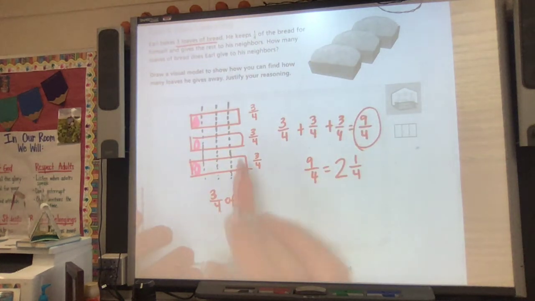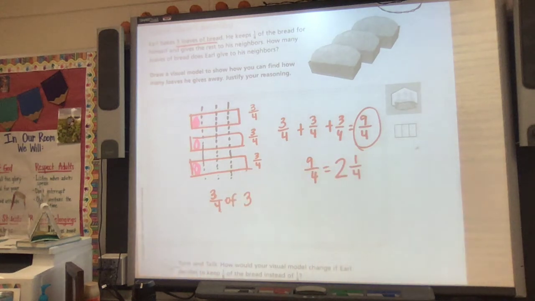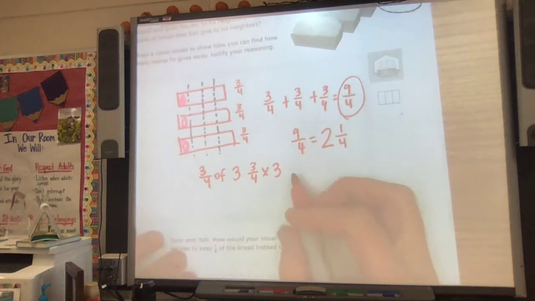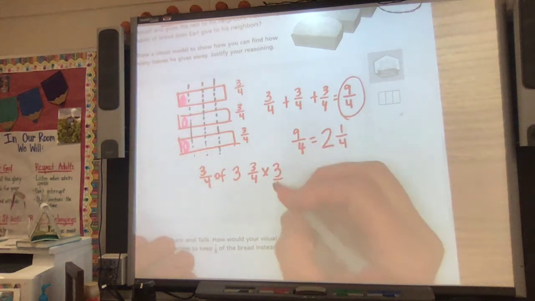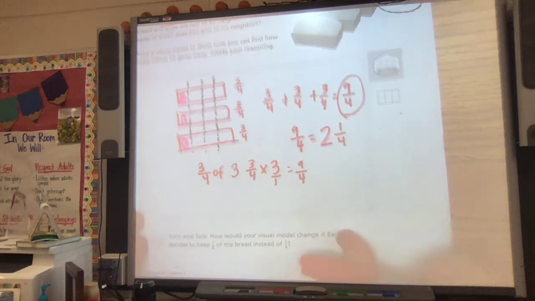So we took our 3 things, we put them in 4 parts, and we had 3 of those parts. That's why we had 9/4. Also, 3/4 of 3 is like 3/4 times 3. We could represent this like 3/1, which would still give us 9/4.